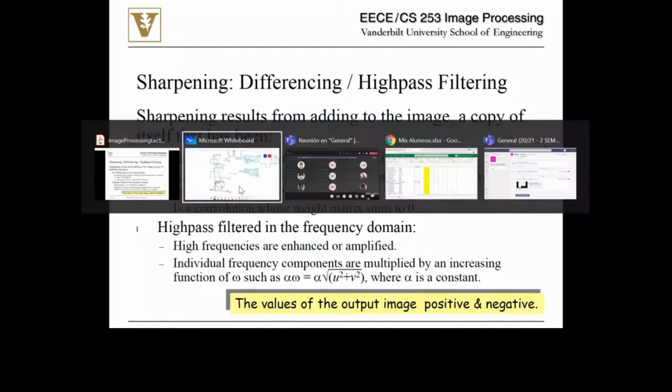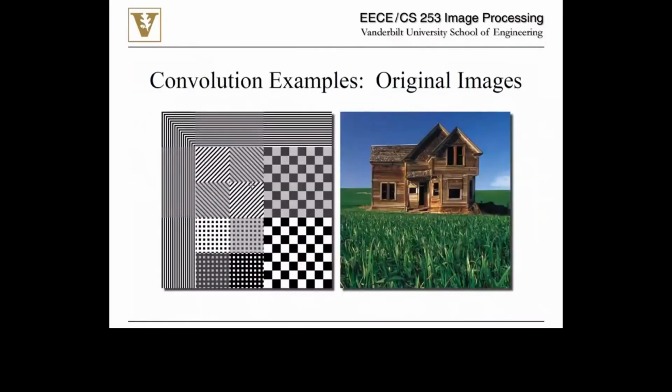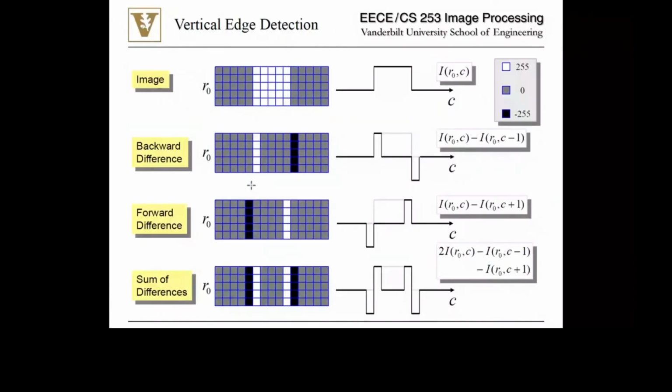Let's look at this. It is defined as the difference between the current pixel and the local average of its neighborhood.